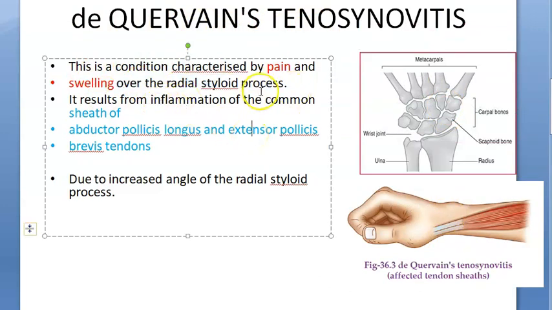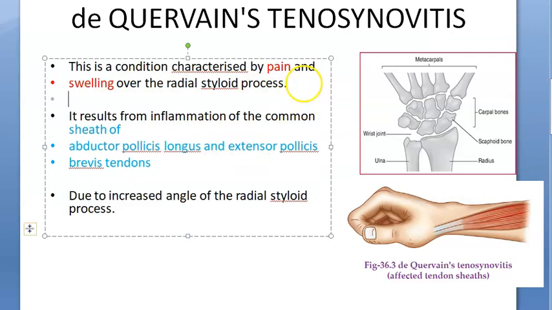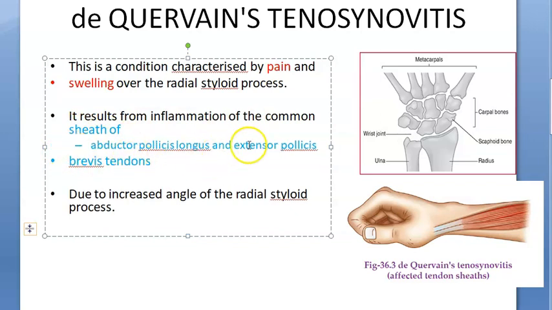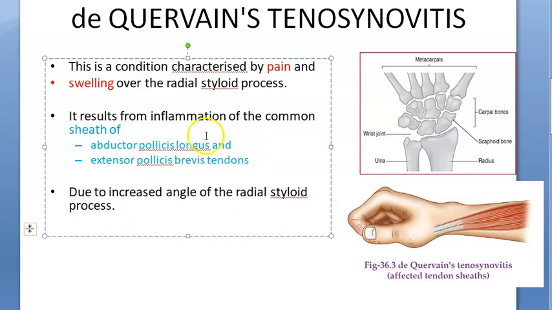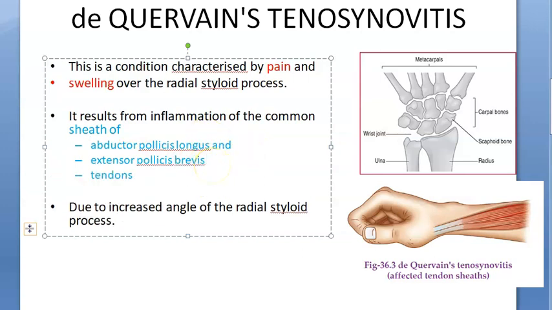Why can this happen? We told you, because of inflammation due to infection or irritation. Which two tendons should you mention? The sheath of which two tendons, very important. The sheath of abductor pollicis longus and extensor pollicis brevis. These are the two tendons whose sheath has been inflamed. Can you say APL and EPB?